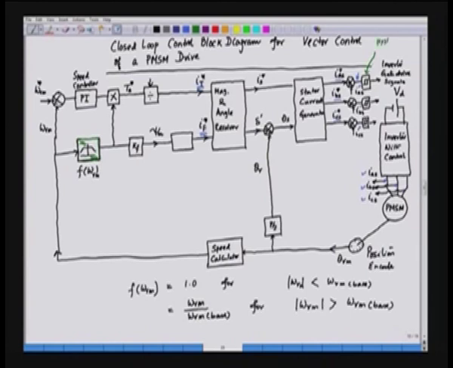This is the hysteresis current control. So, we have a hysteresis controller here, which will generate the gate drive signals for the inverter.